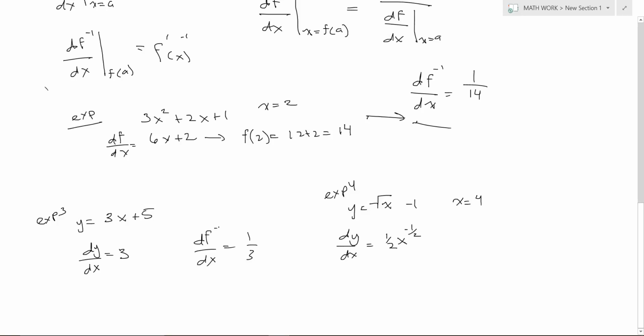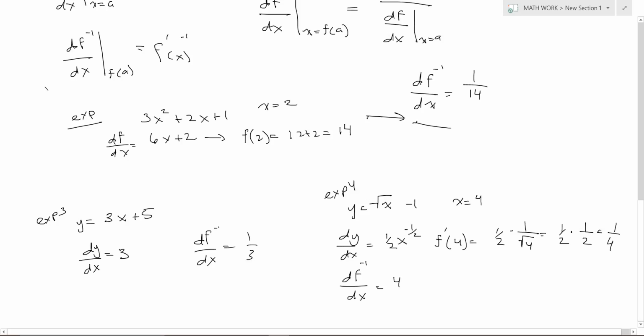So f prime of 4 equals 1/2 times 1 over root 4, equals 1/2 times 1/2, equals 1/4. Then by that theorem, the derivative of the inverse should be 4.